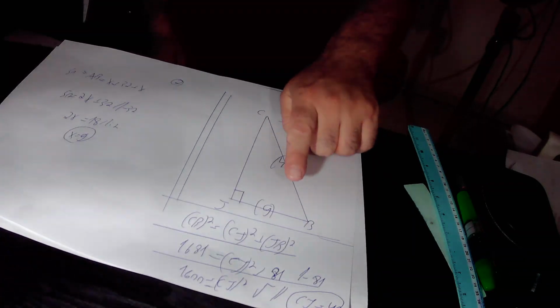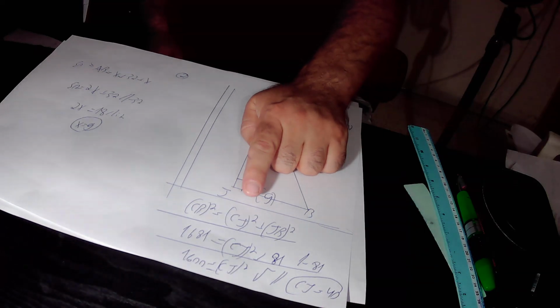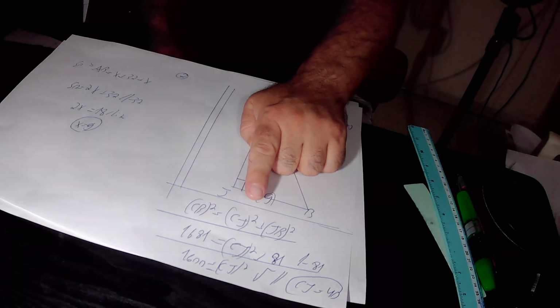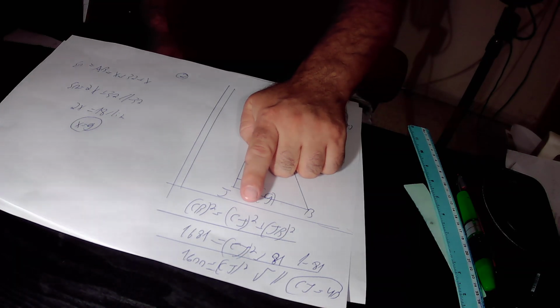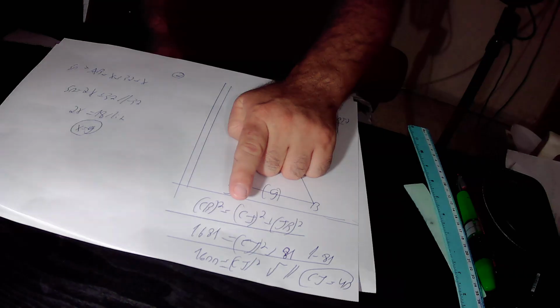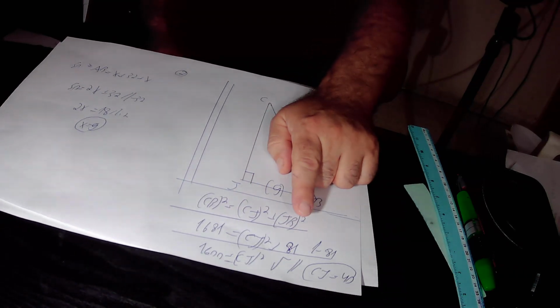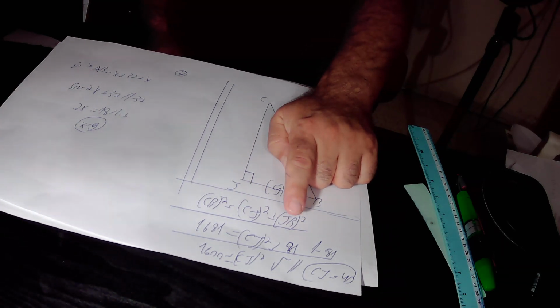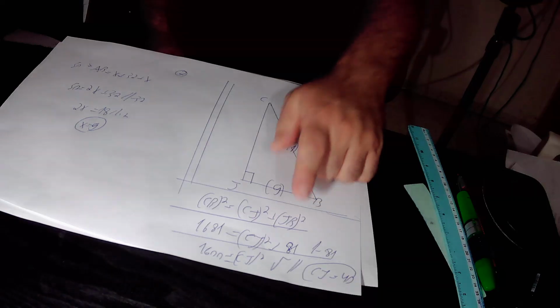So in total, we found that 1681 equals CJ squared plus 81. Here, subtracting 81 from this equation, we find that CJ squared equals 1681 minus 81, which is 1600. So 1600 equals CJ squared. From these equations, we found the missing side CJ equals the square root of 1600, that is 40.